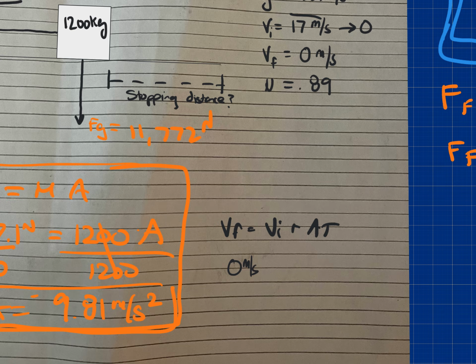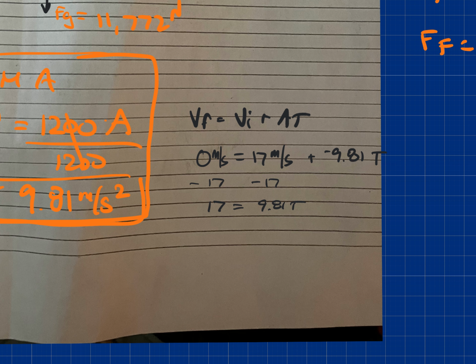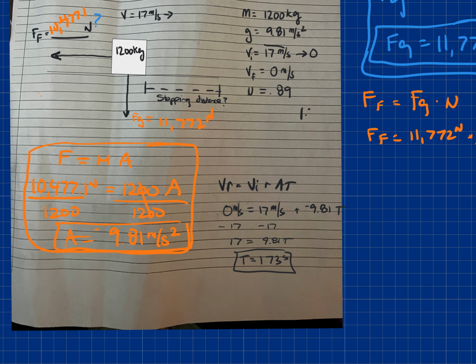My velocity initial is 17. And my acceleration is negative 9.81, and we're solving for time, okay? So zero on that side. What I can do here is subtract 17. Negative 17 is equal to negative 9.81 t, and 17 divided by 9.81 is 1.73 seconds. So the total time to stop is 1.73 seconds.